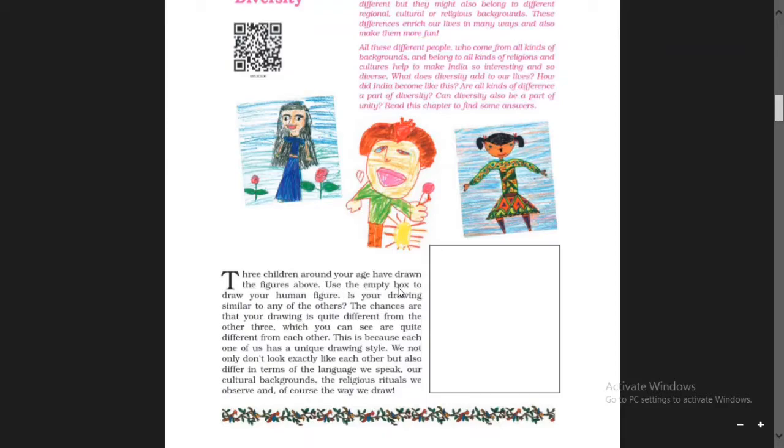Use the empty box to draw your human figure. See to the right side or right margin of the book, you will find an empty box. Use it and draw your human figure.